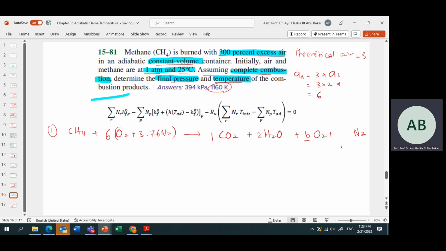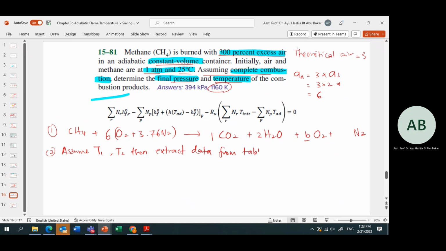Okay, once you get the B, then proceed with assuming 2 temperatures. Assume T1 and T2. Then extract the data. Okay, list down in the table.